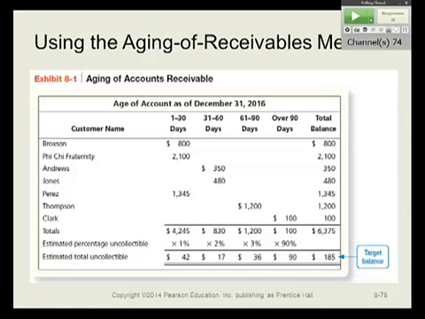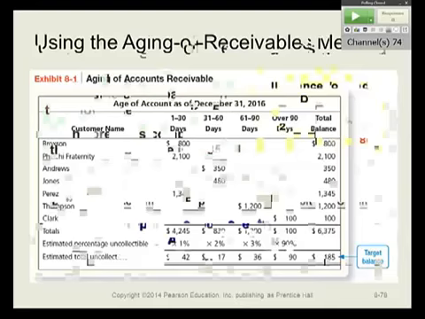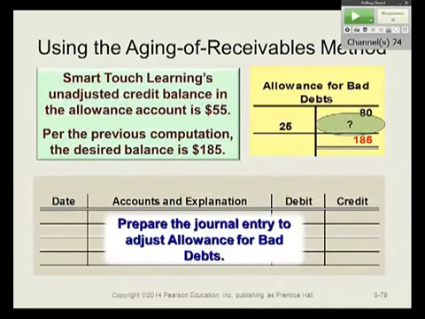And to explain what that means, if you take a look at the following example, we're going to use 185 as our target balance. In this particular example, Smart Touch begins the period with a credit balance in the allowance account of 80. They wrote off, and you know that when you write off an account in the allowance method, it is a debit to the allowance, and therefore it is going to have at that point a balance of 55.